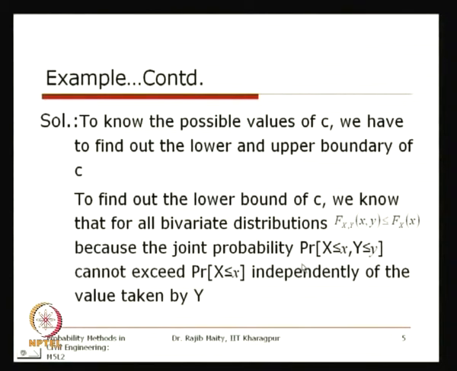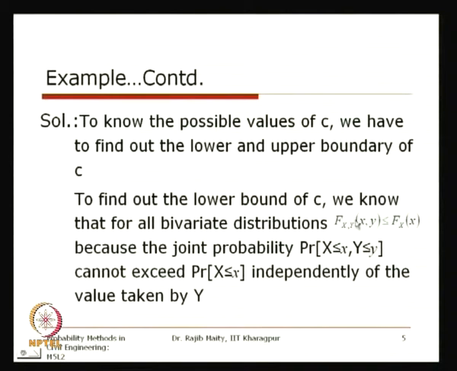Because the joint probability cannot exceed the probability of X less than or equal to x, it is easy to understand that the joint probability of X less than or equal to x and Y less than or equal to y cannot exceed the probability of X less than or equal to x, irrespective of the value taken by y.